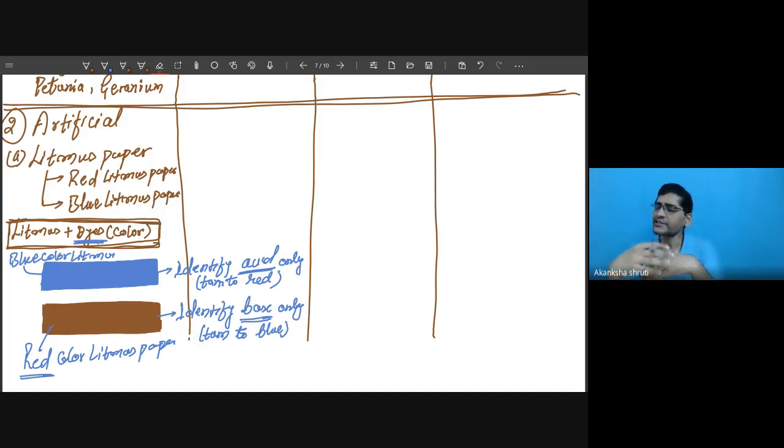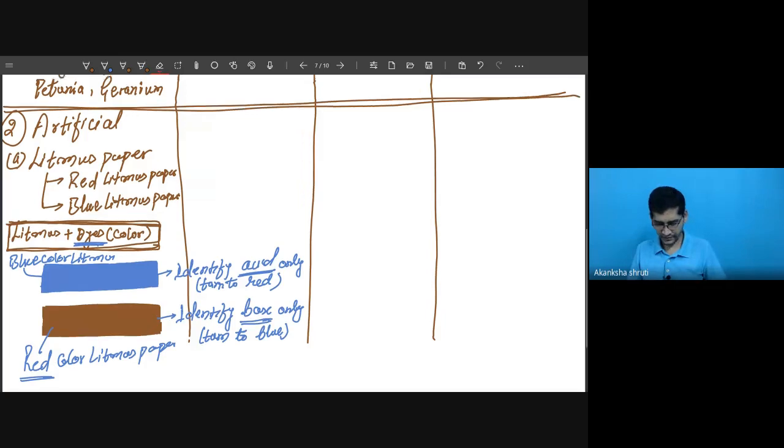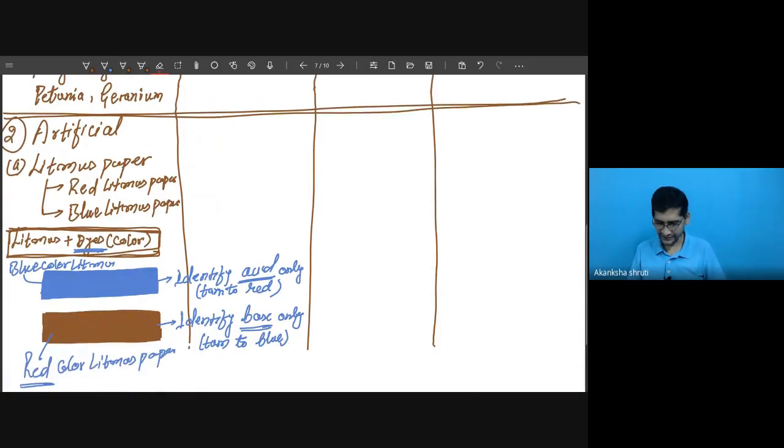So unless or until there is some change in property, we cannot say the chemical is identified. Okay, student. So litmus paper means these two things you have to keep in mind. A student, read this thing again and again, and if you have different pens, draw these strips in different pens. Now, what is the original color?